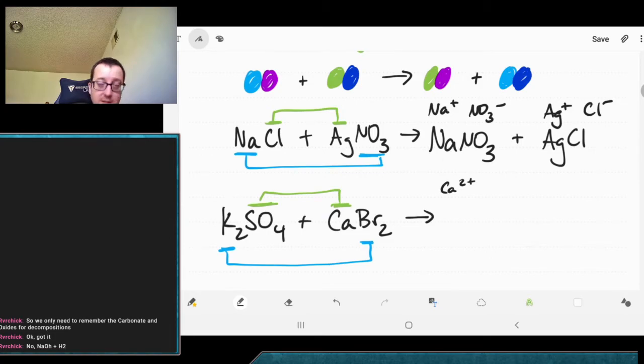Calcium, always 2+, is going to be forming a compound with sulfate. Putting those together, they're both the same charge. So we get calcium sulfate. And the other two, we're going to get potassium with bromine together. Potassium is always +1.